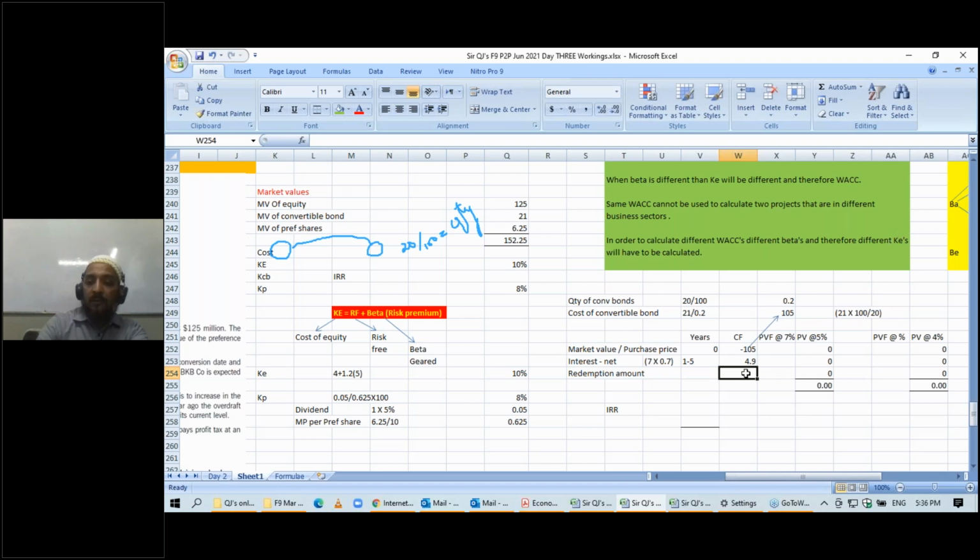Okay, now the redemption amount. This is the thing which we need to find out, that what will be the redemption amount.